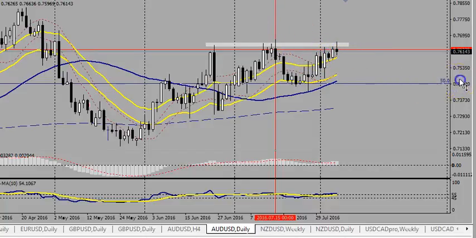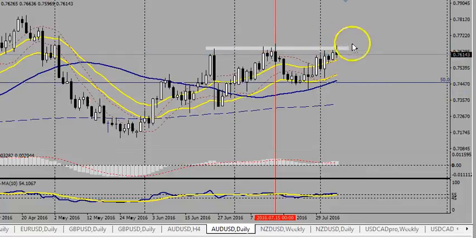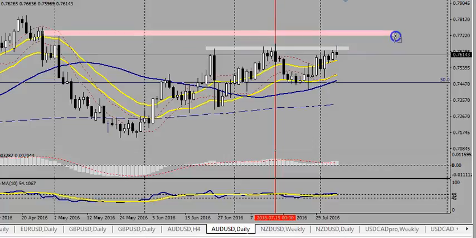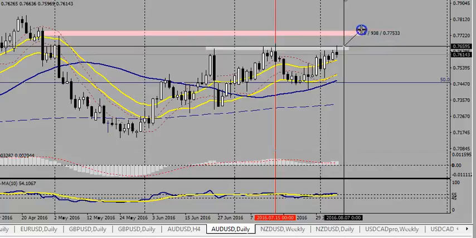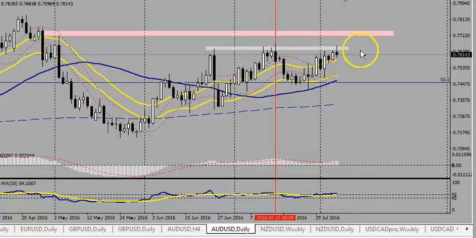And if it does break out above here, we're looking at the next area, up in this area right here. So still good for 80, 90, 100 pips, up to at least 0.7750, 77.60. So that's what we're looking for there.